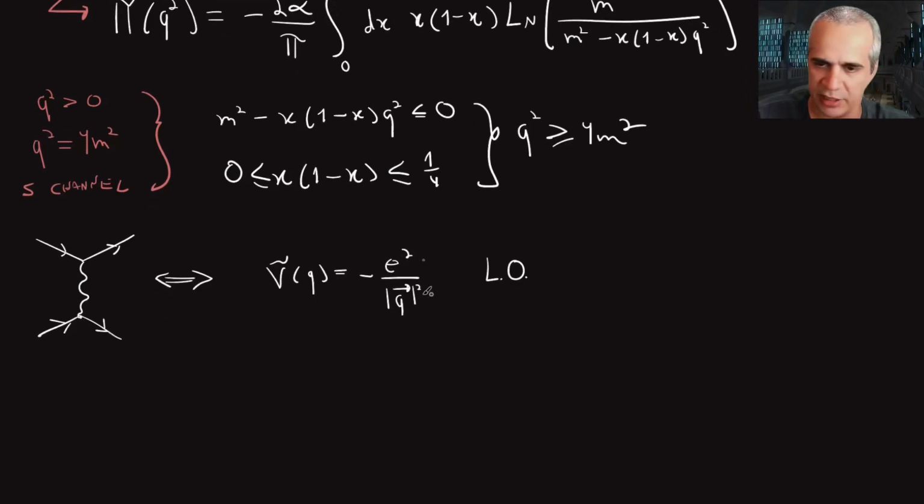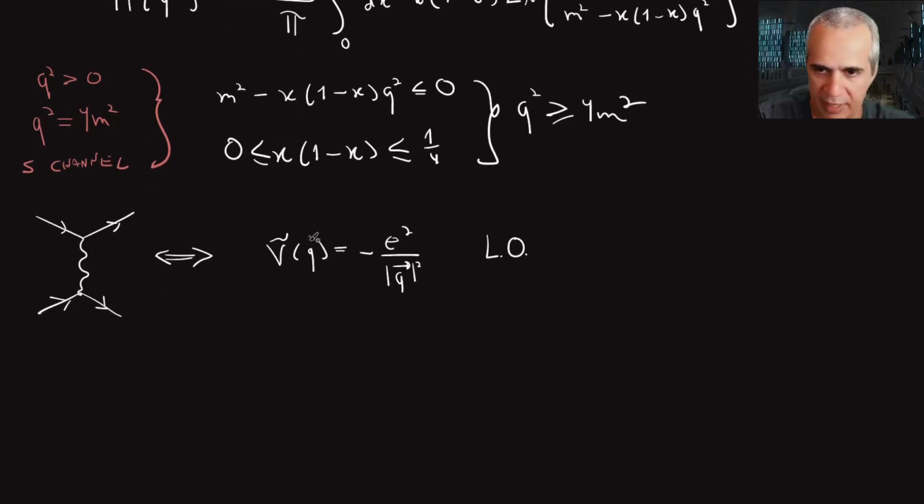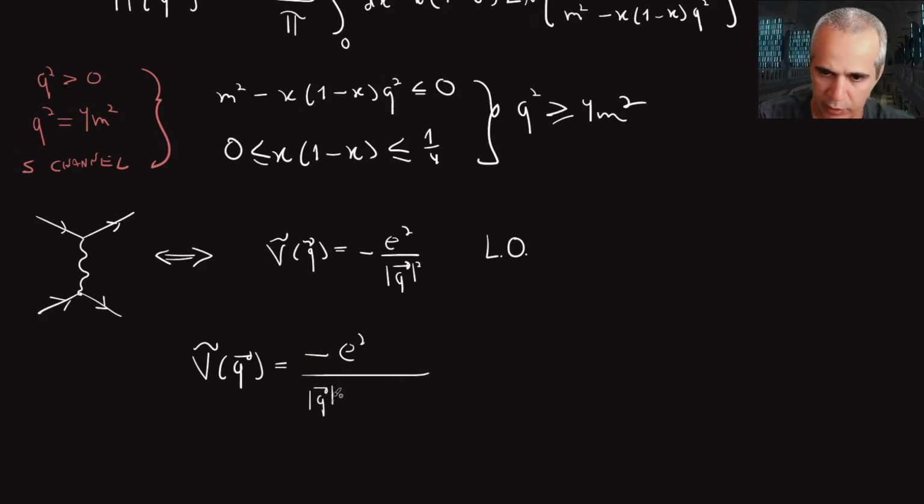Essentially, now what we have is a potential given by this expression. Let me write it here: Q square times 1 minus pi, that self-energy of Q square.